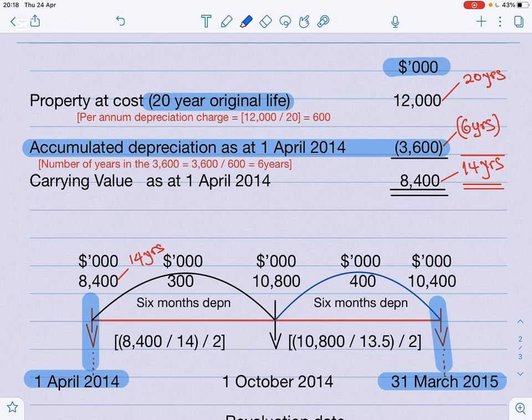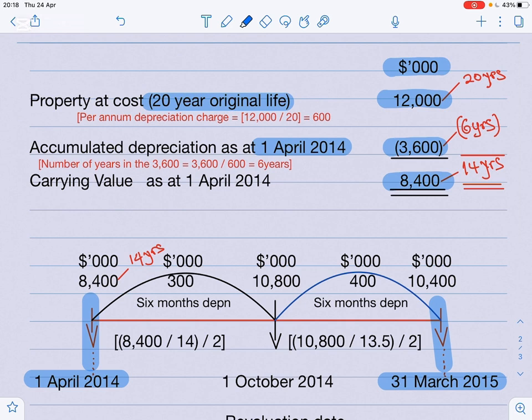The explanation of this: when we bought the asset, we acquired it for $12 million, and accumulated depreciation of 3.6 is saying as at 1st April 2014, the company had enjoyed a total of 3.6 out of the 12 million. And if you deduct this 3.6 from 12 million, you will have this left, which is $8.4 million.